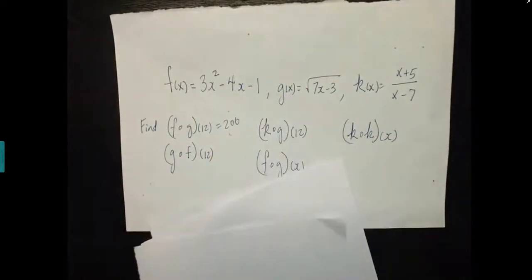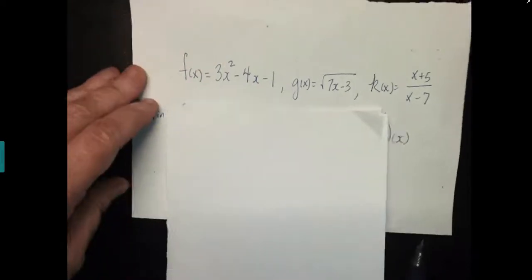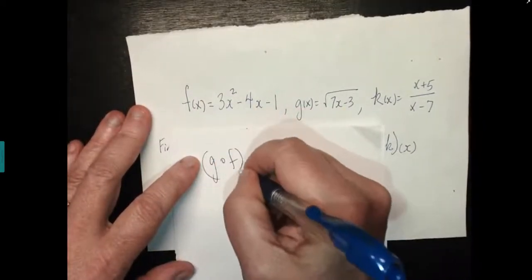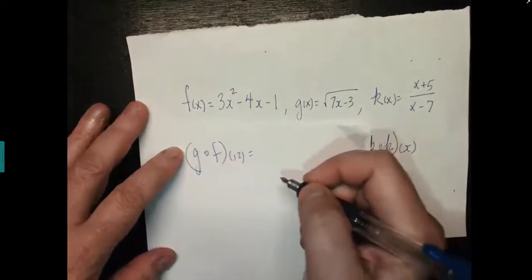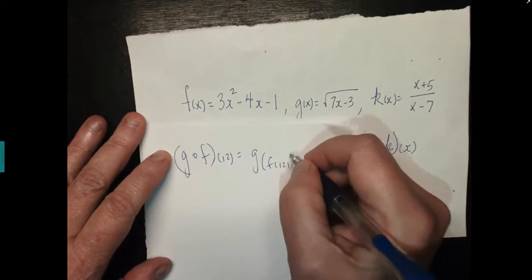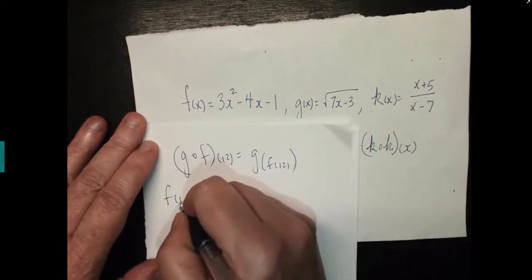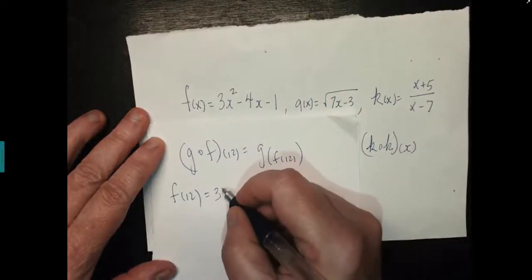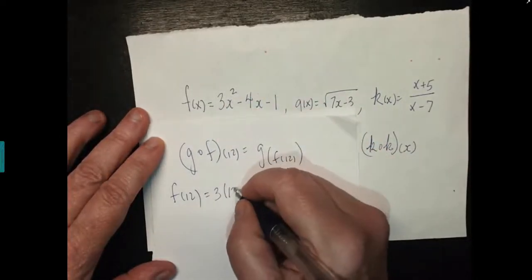Now, what if I reverse it? g composed with f evaluated at 12. It's going to be the first one, evaluated at the second one. Now, what is f evaluated at 12? Well, everywhere there's an x in there, I'm going to replace it in the formula for f with 12.